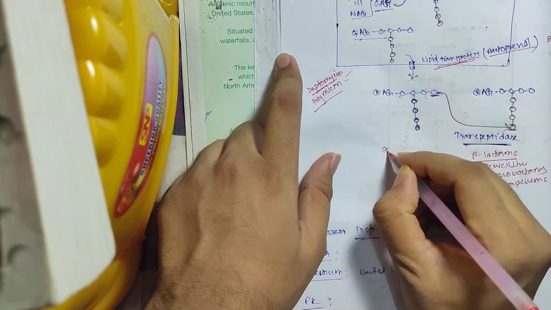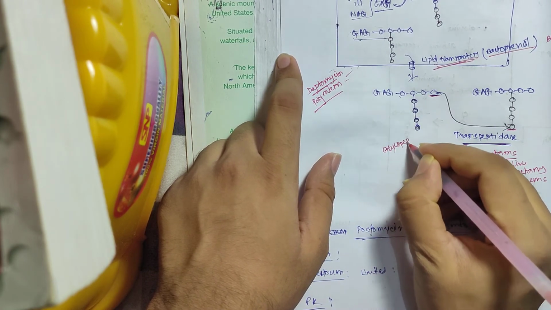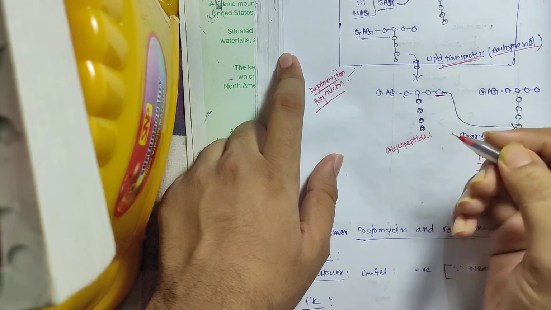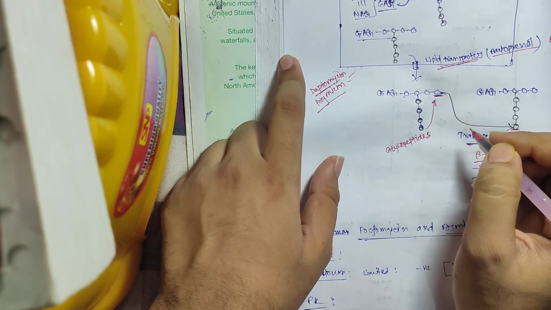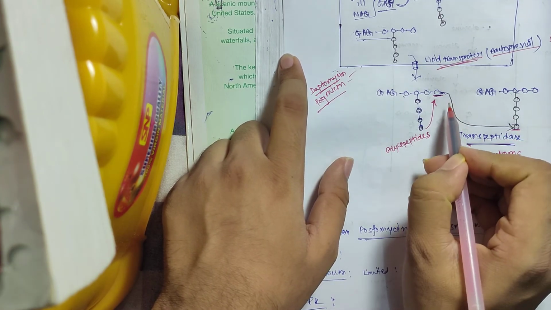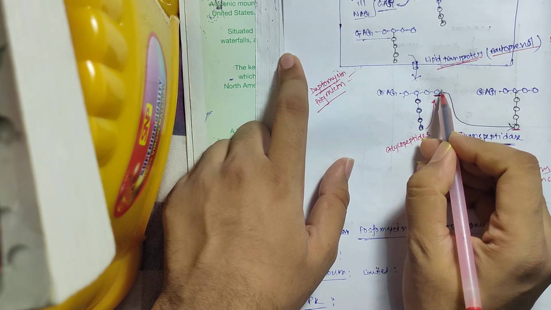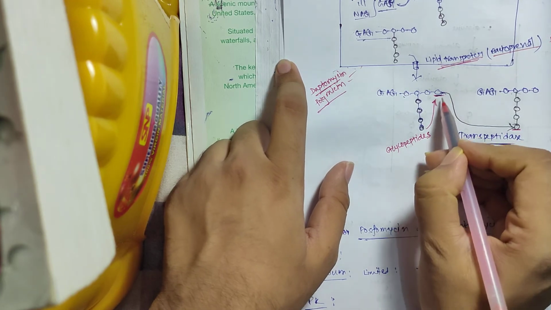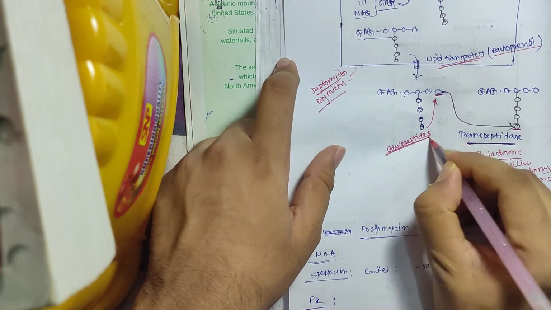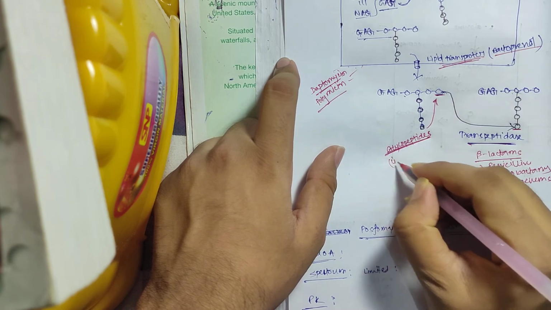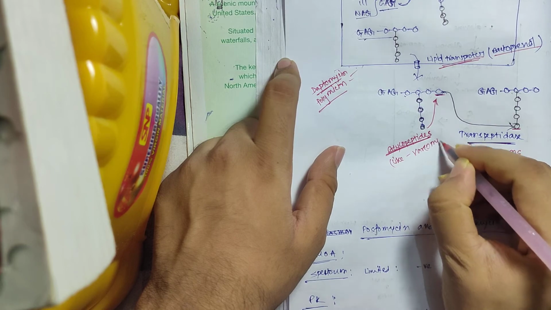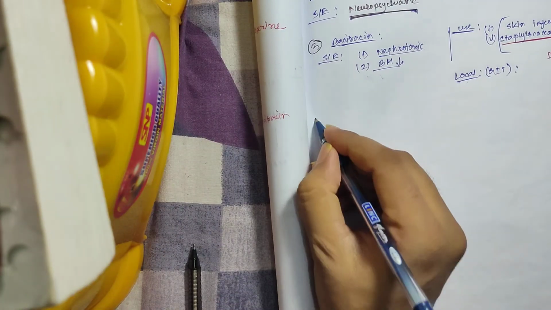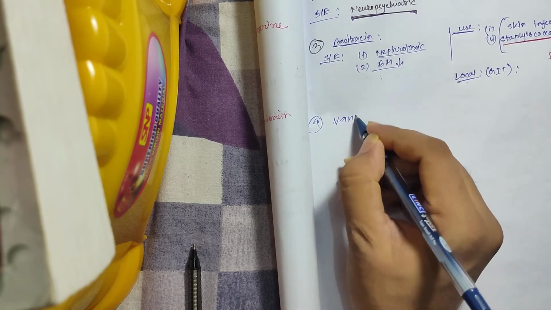So I have some glycopeptides which bind here in the terminal alanine, and that causes no bond formation between these, right? Like vancomycin. So the next drug is vancomycin.